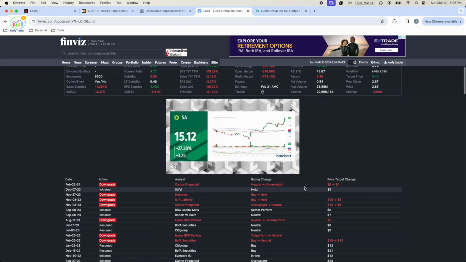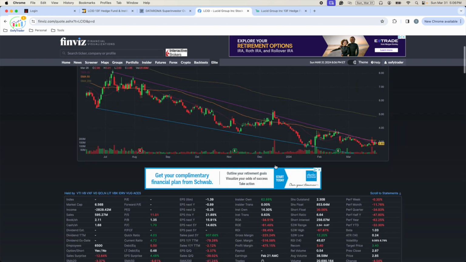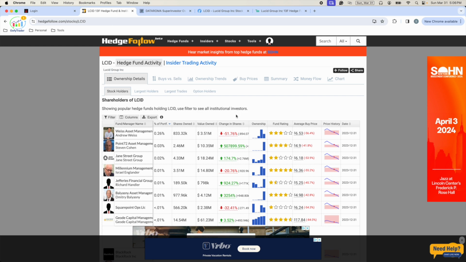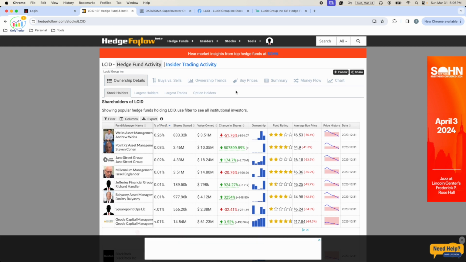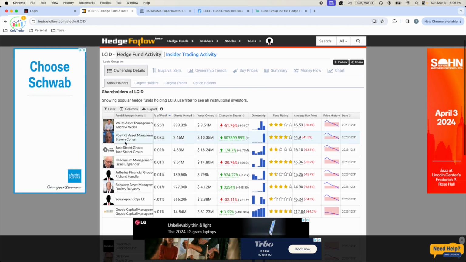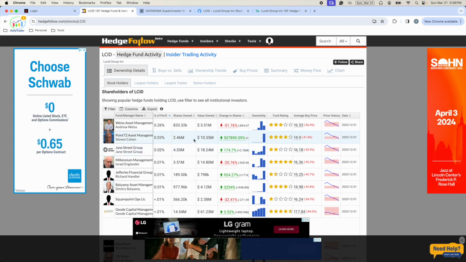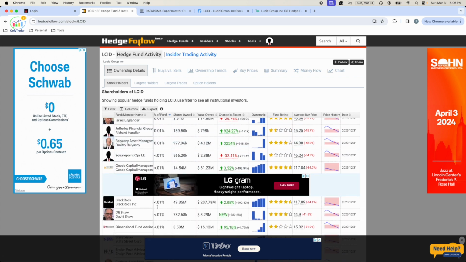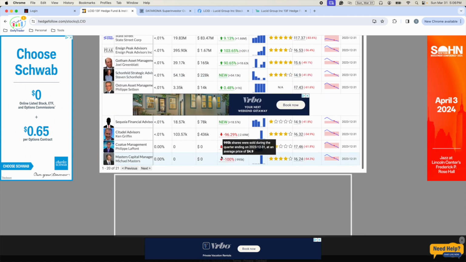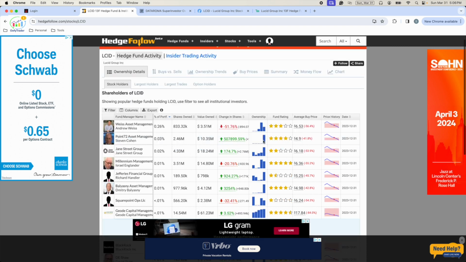Finviz, along with that, I also look at one more, which is HedgeFollow. Here similarly, if you search for Lucid, it tells who is having how many positions, how much value they are holding, who the big guys are. I follow, you see BlackRock is having a big position here, and these are the hedge fund investors.